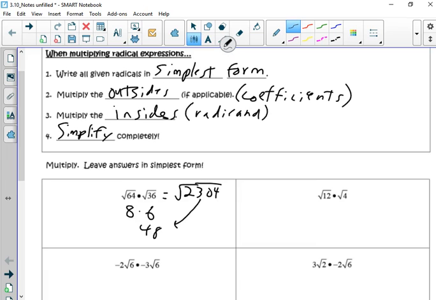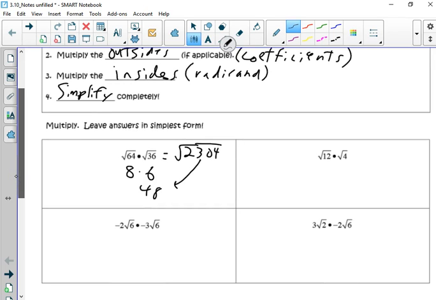Okay, the next one. We're going to simplify this first. 12 breaks down to 4 and 3. 4 times 3. 4 is a perfect square.